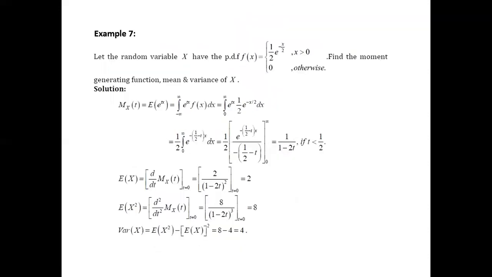Let random variable capital X have the probability density function f of x equals 1 by 2 into e power minus x by 2, for x greater than 0. Now find the moment generating function, mean and the variance.